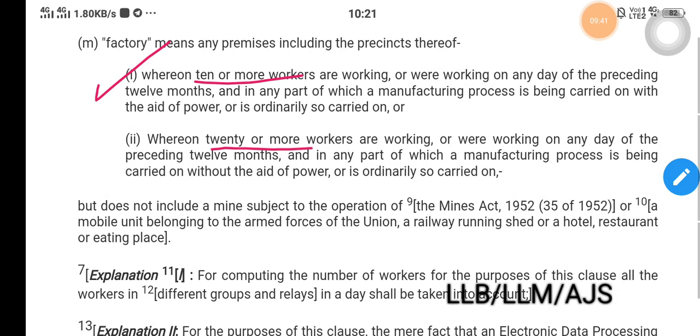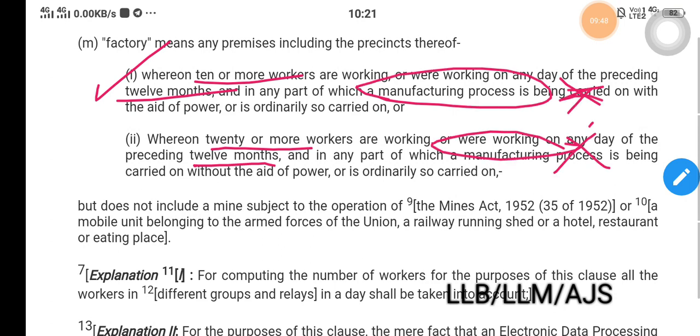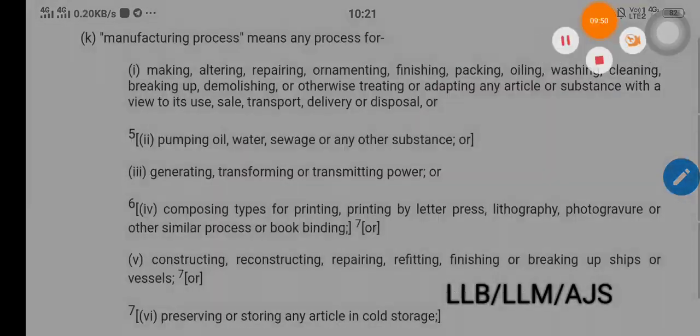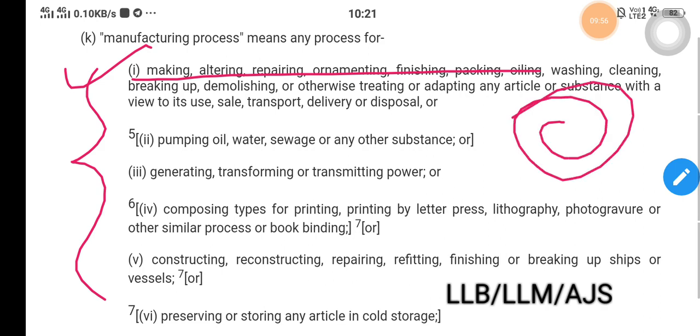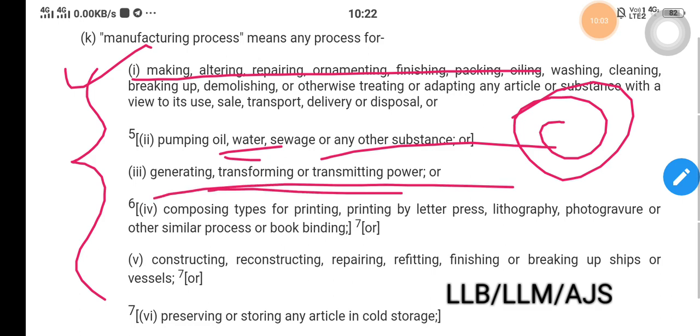A 12 months period is another essential. Then manufacturing process is the most important thing: making, altering, repairing, ornamenting. These works must be carried on in the factories in order to be a factory. Pumping oil, water, sewage, or any other substances, generating, transforming, transmitting powers, constructing, reconstructing, repairing, all those things.